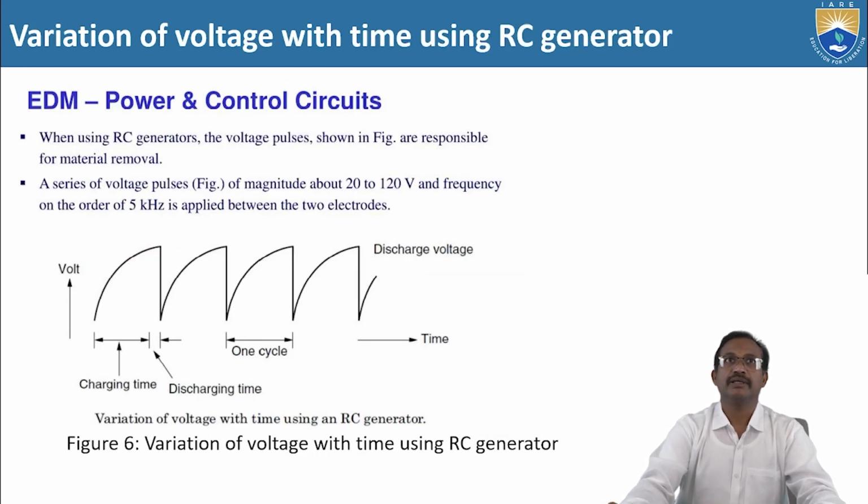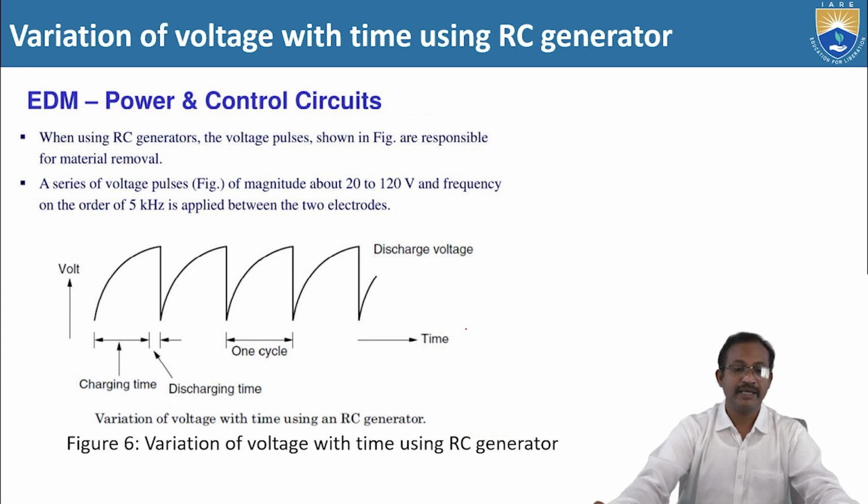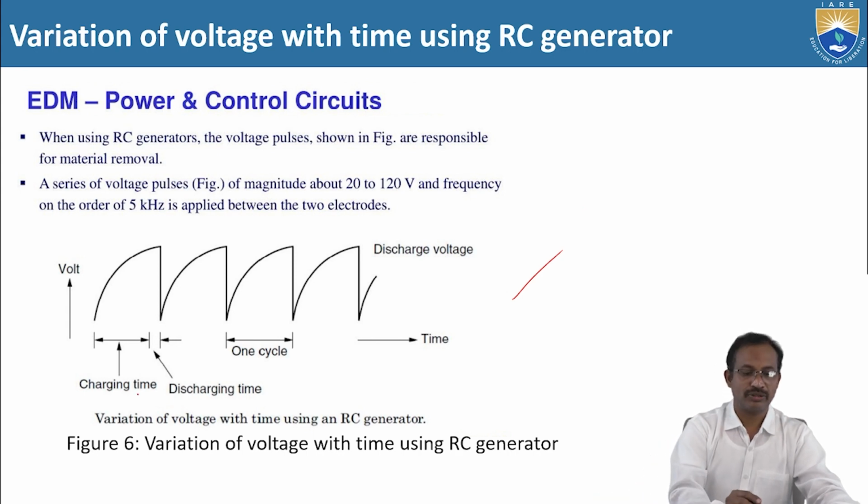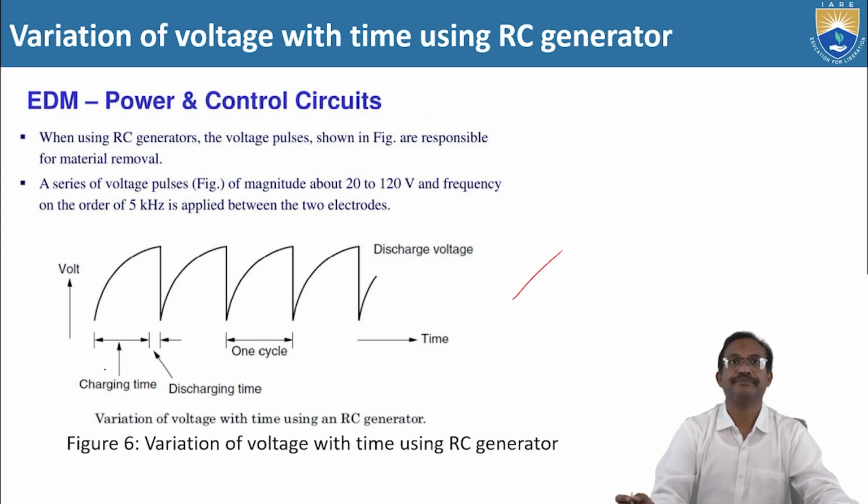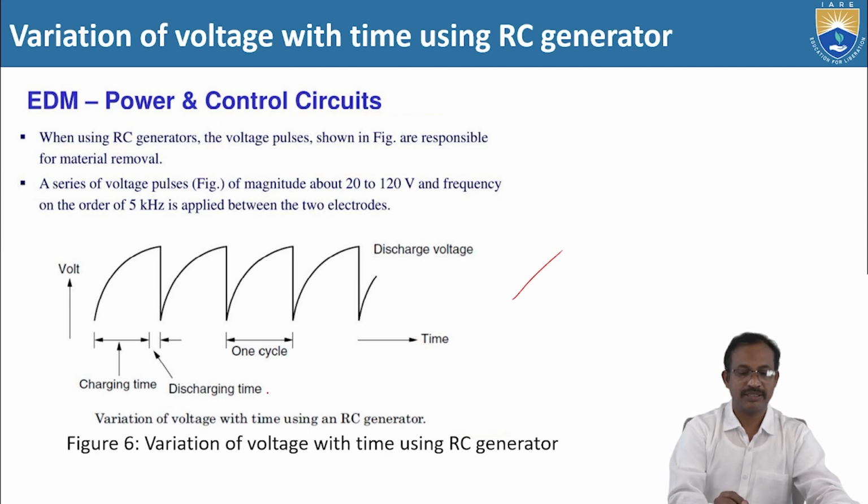Right. Regarding variation of voltage with time using RC generator. Here are the power and control circuits of electro discharge machining. So this is about charging time, this is about discharge time.